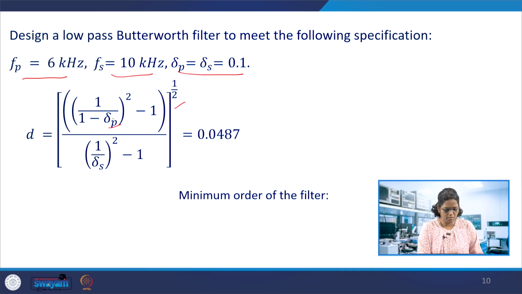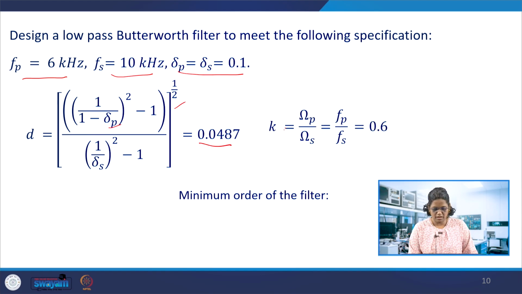The 1 minus del P, if the maximum is 1 or 0 dB, is how much ripple is allowed, specified from the magnitude response. For the given del P and del S, we get D as 0.0487.